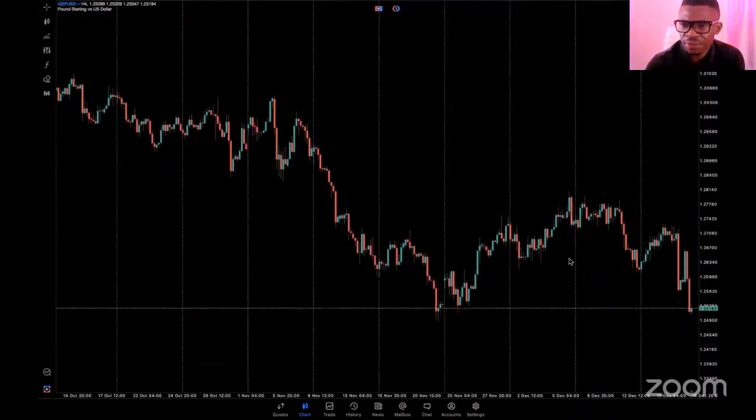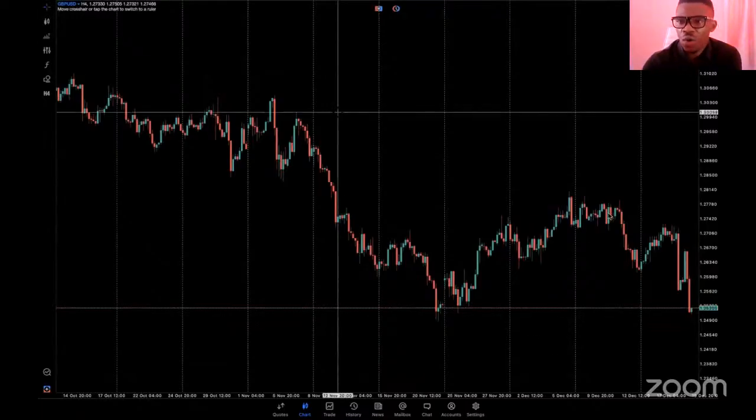I took this trade though. I sold this market and I took profit from here, but the market still continued going down. Anyways, from the movement, the last time we were here, I'm sure some of you can remember, this is GBP USD.